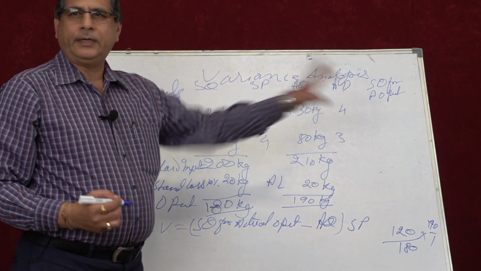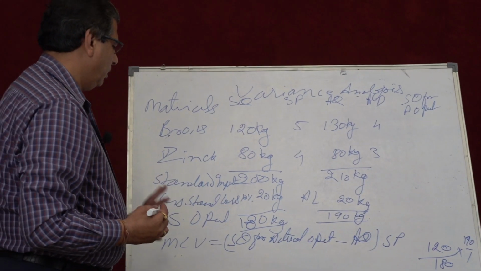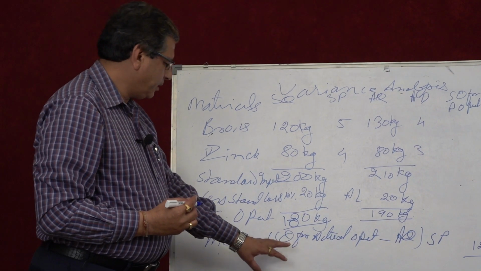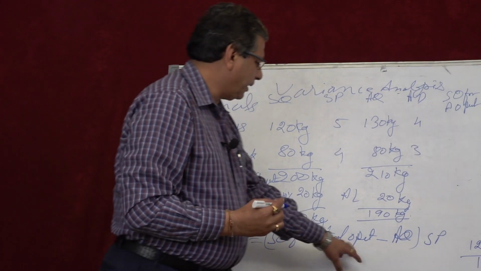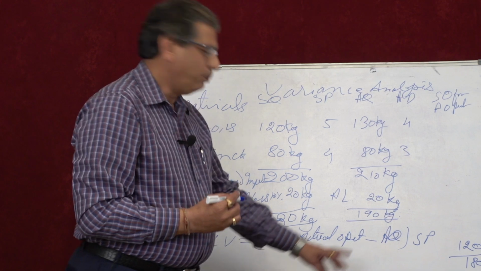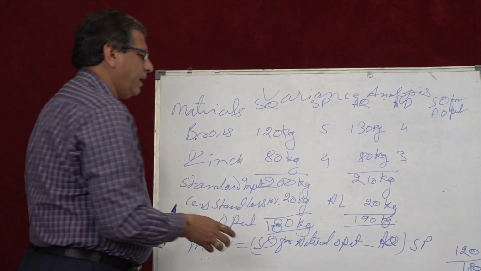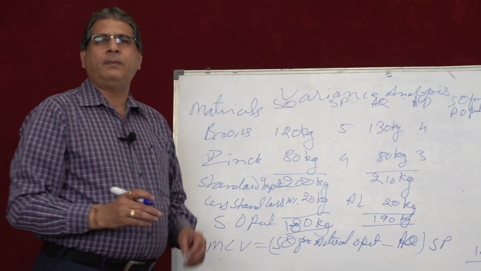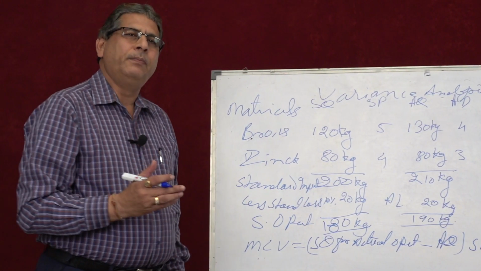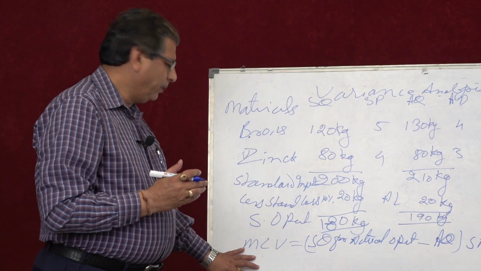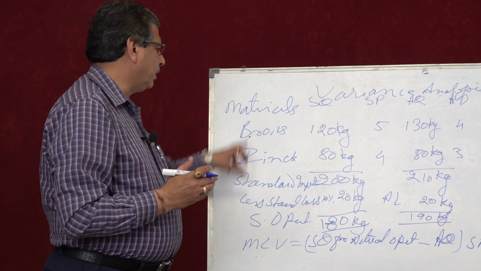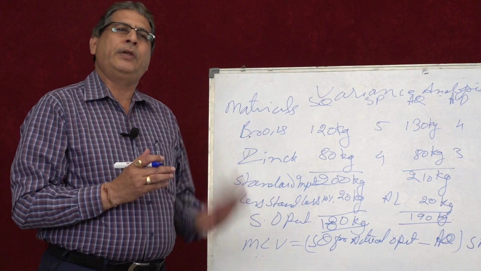This will be calculated like it. So material cost variance is equal to standard quantity for actual output minus actual quantity into standard price. This comes either favorable or unfavorable, and material cost variance will be calculated each material component wise.